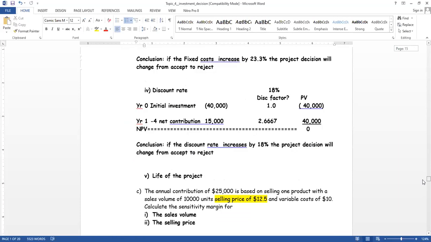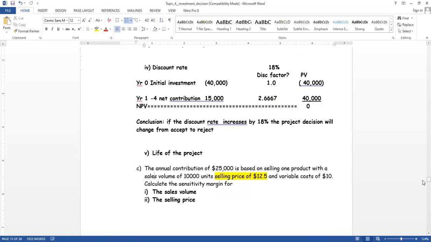This one, the discount rate? Yes. So I'm wondering, this 40 from year 1 to 4 that we used to divide by 15, so we come up with 2.6667. Why do we have it? Because I see initially year 1 it is 0, and then again we are using the same 40.